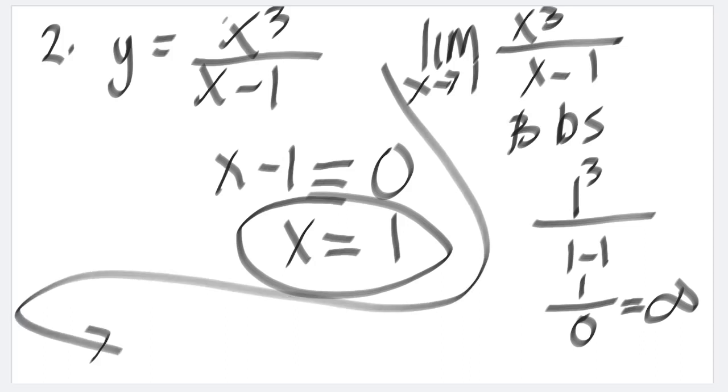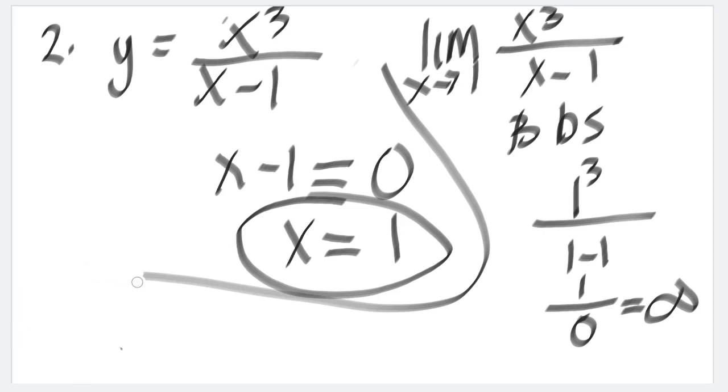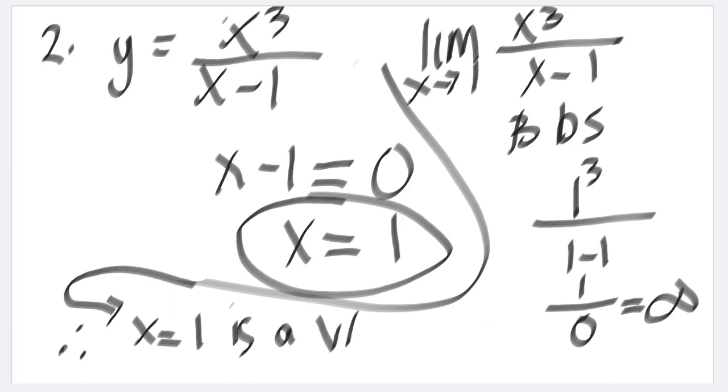So therefore, x is equal to 1. Therefore, x is equal to 1 is a vertical asymptote of y is equal to x cubed over x minus 1.